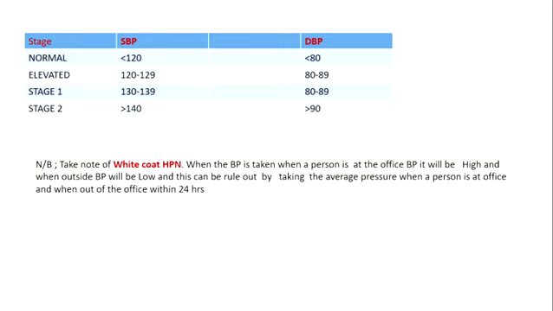So to rule out white coat hypertension, you just need to take the average pressure of a person when he or she is in the office, and the average pressure of that person when he or she is at home.